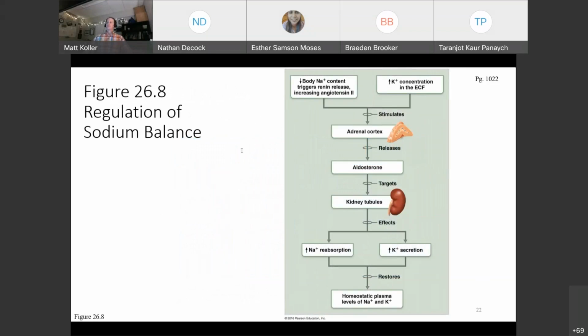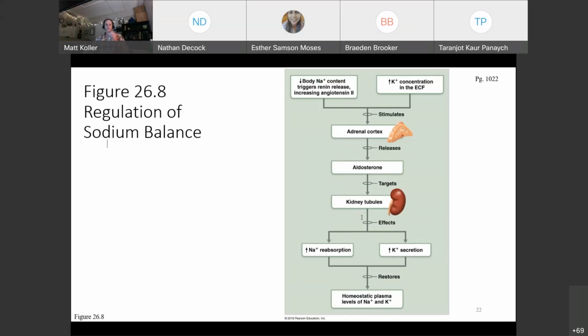So this is where it gets a little bit more complicated. But we're looking at basically the influence of angiotensin and aldosterone within the human body. Okay, so aldosterone plays the biggest role in the regulation of sodium by the kidneys. We're back to the kidneys. The kidneys will release or retain sodium as needed by the body.